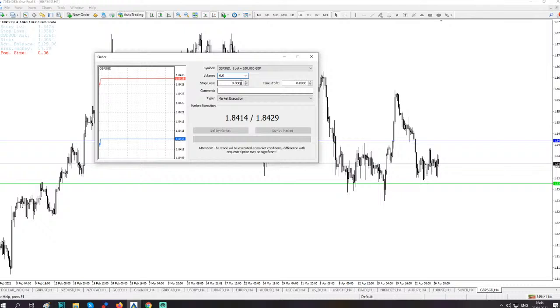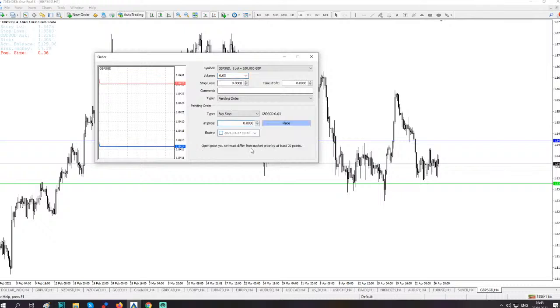Okay, buy stop 1.8475. My stop loss will be at 1.8360, and my first take profit will be at 1.8592.